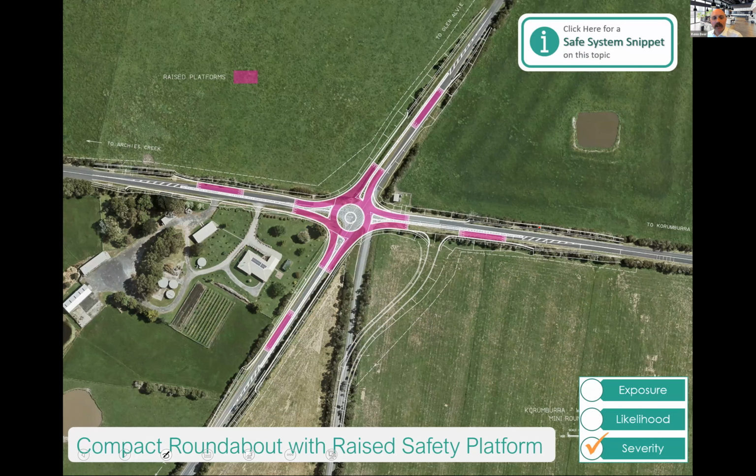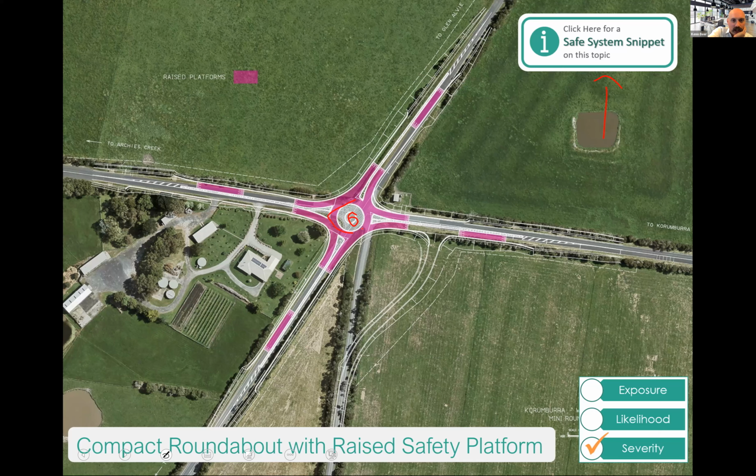And again, I'm not going to spend time on the details of compact roundabout design, because there's a couple of good design guides now for compact roundabouts. Again, we've got a snippet for you, and we can send you the different documents or the designs of these. But the idea is that you have a very, very small roundabout.